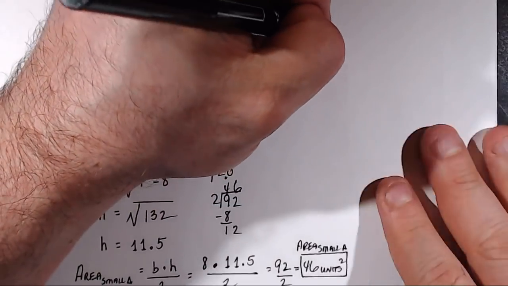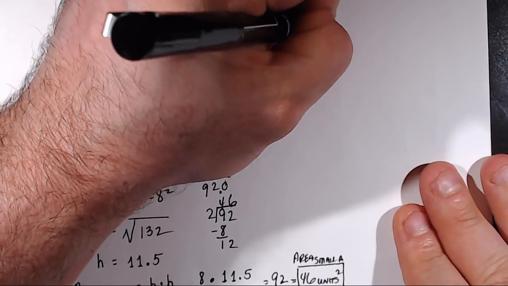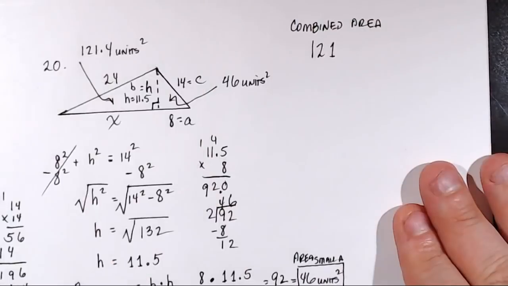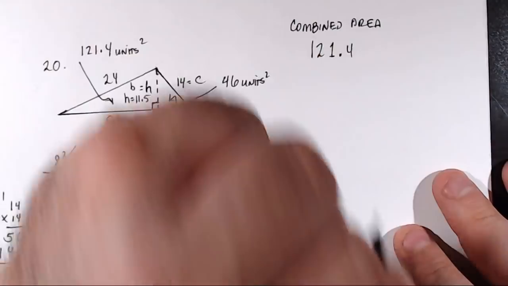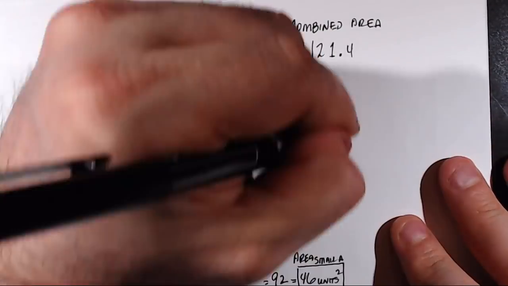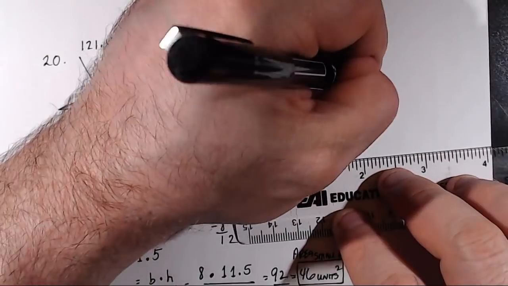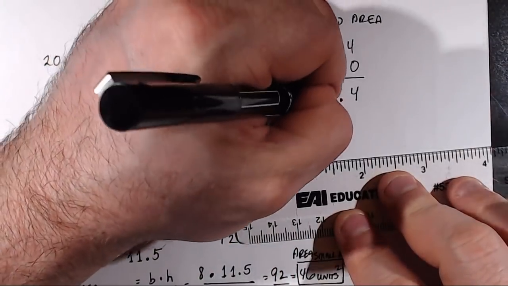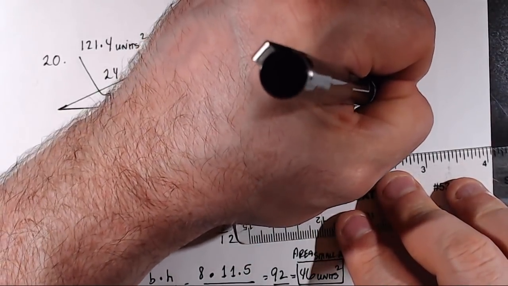So the combined area is just 121.4, because I guess we rounded to some intermediate value. Yeah, 121.4 plus 46. Let's see what that adds up to. 4 plus 0 is 4. 6 plus 1 is 7. 2 plus 4 is 6. 1 plus 0 is 1. 167.4 units squared.